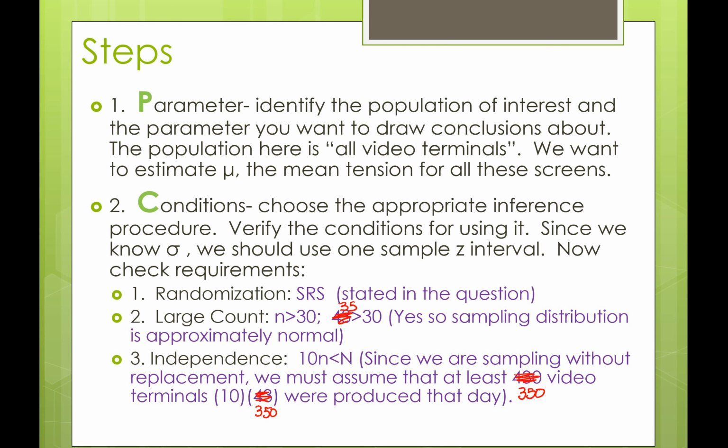The large counts condition, where we make sure our sample is large enough to use the central limit theorem for means, is n greater than 30. And once you check it, it's good to write that the sampling distribution is then approximately normal, because that's what that count is checking for.